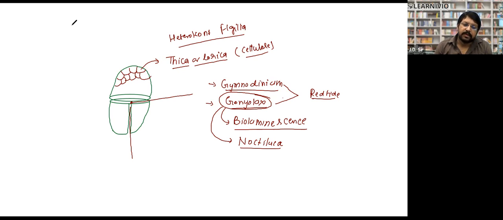Full stop. It is made up of cellulose. Full stop.